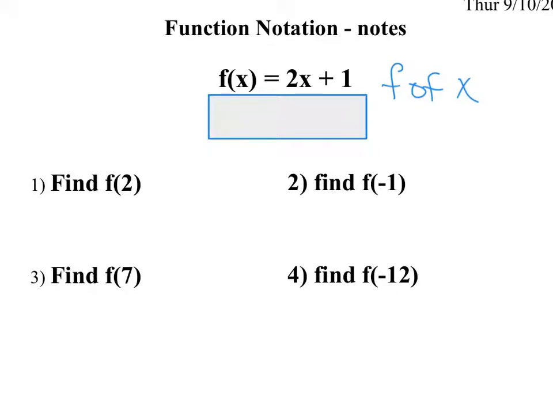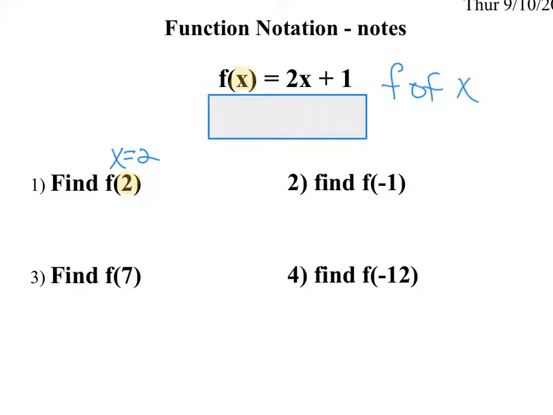So then what you're going to do is you're going to evaluate the function based on what they give you. So if you take a look at number 1, it says find f of 2. Notice that the 2 is in the same place as the x. So technically x is 2, or we're going to replace x with 2.